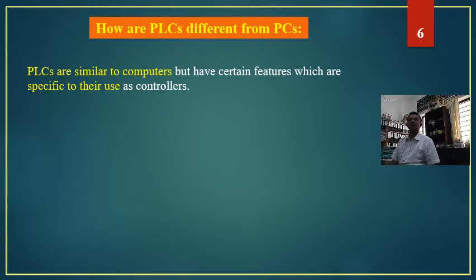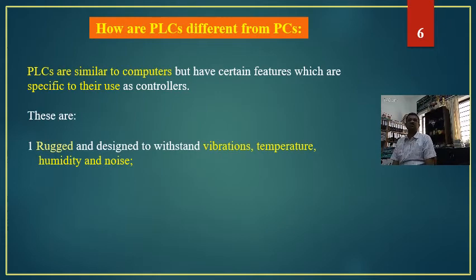So PLCs are similar to computers but have certain features which are specific to their use as controllers. Let us see what differences we can observe between PCs and PLCs. First, they are rugged and designed to withstand vibrations, temperatures, humidity and noise.